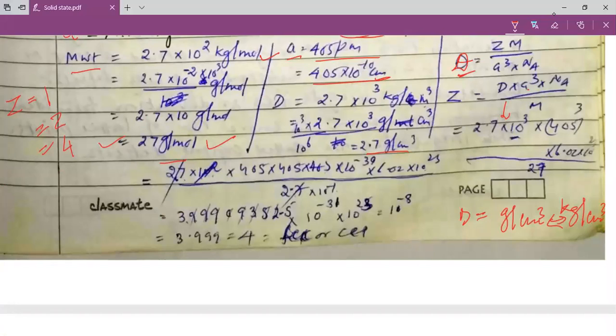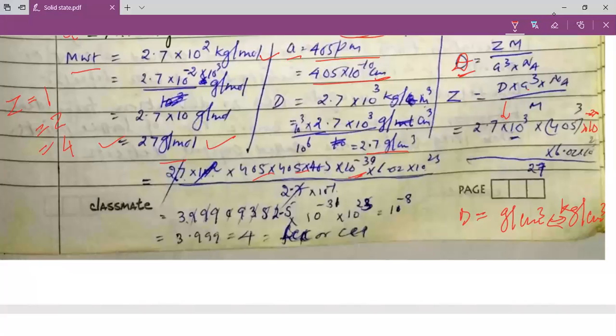For a we write 405 cube multiplied by 6.022 into 10 to the power 23. This 405 cube is into 10 to the power minus 30. Yes, you can see that I have written 10 to the power minus 30. This is 27.